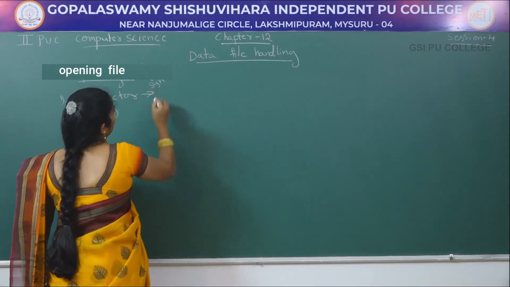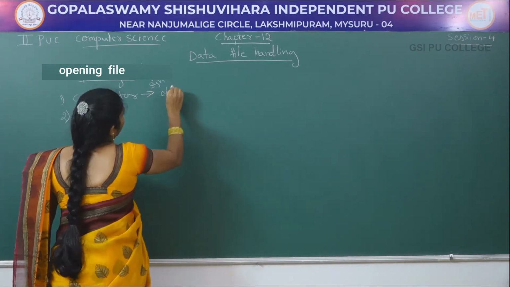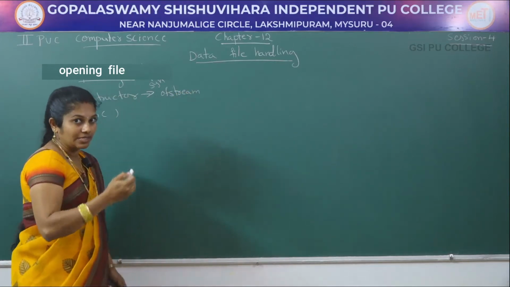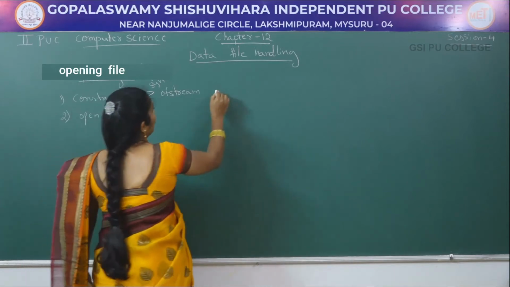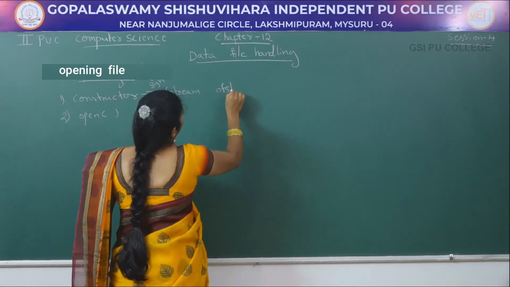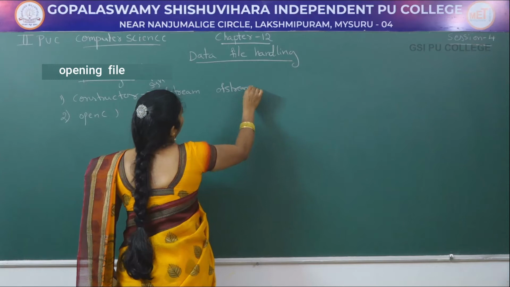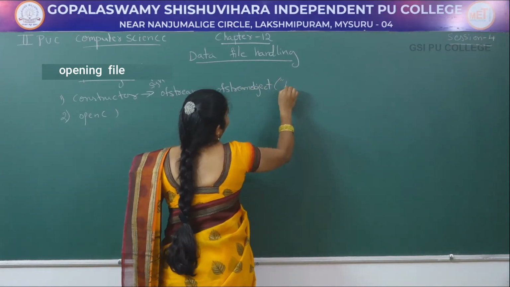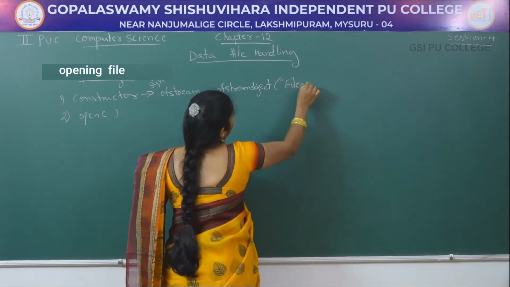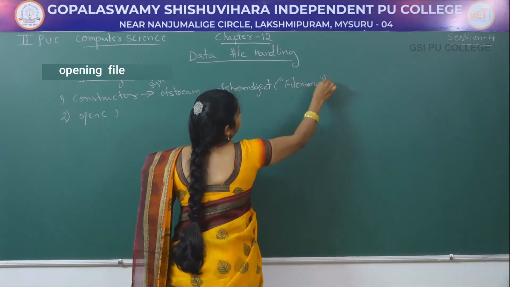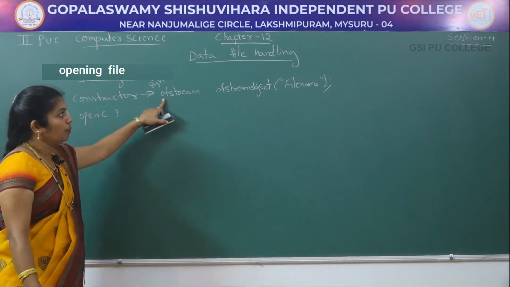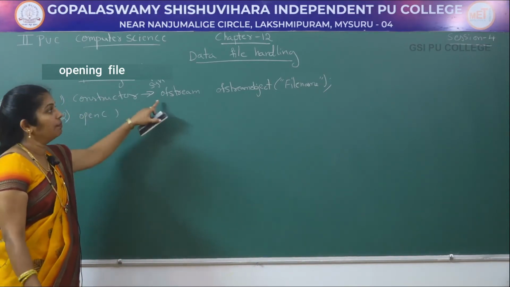In the syntax, OF stream, then object, and in the brackets, the file name to write. This is in the constructor method, to open a file for output purpose.